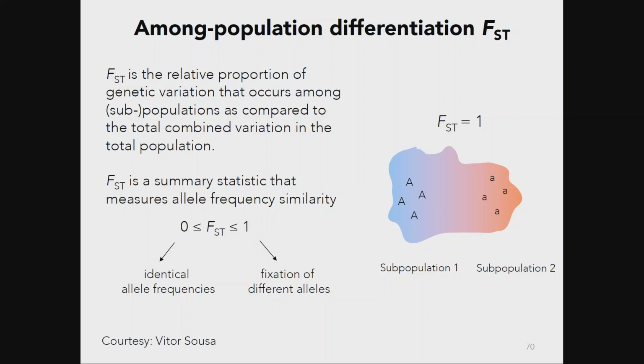Now, as a brief prelude, you can have big differences in FST between populations because at the beginning they had the same genetic variability, but they have been living apart for a long time. Maybe they're spatially isolated from each other and not exchanging any migrants anymore, or they're isolated by spatial distance.